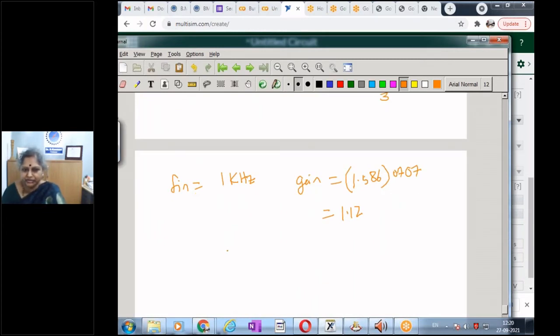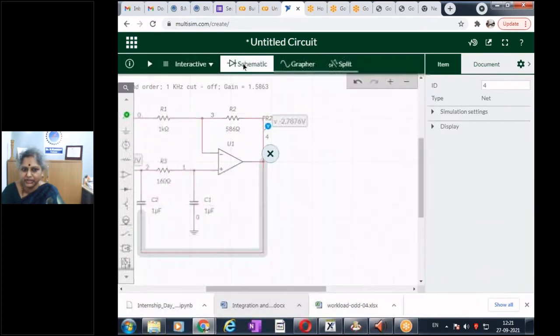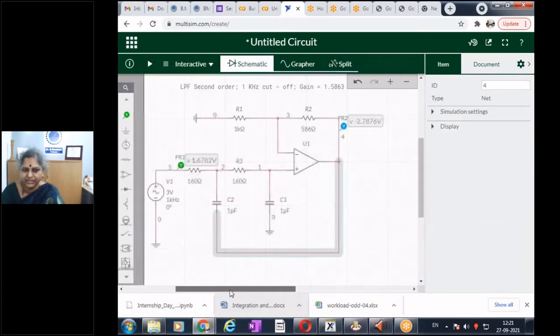So I am getting an output of 3.33 and input is 3, so I am getting a gain of 1.11. So is that fine? So you see how closely what we expect by theory is what we also get in the practical implementation.